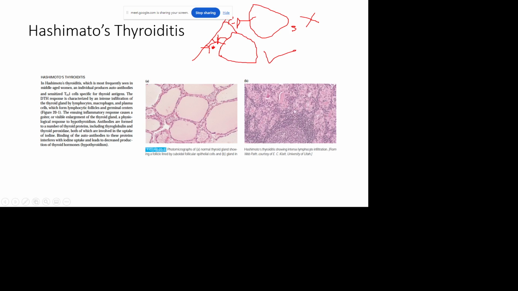That is the consequence of your autoimmunity, where your lymphocytes infiltrate into the thyroid gland, which gives rise to an autoimmune disorder that will destroy the thyroid gland.